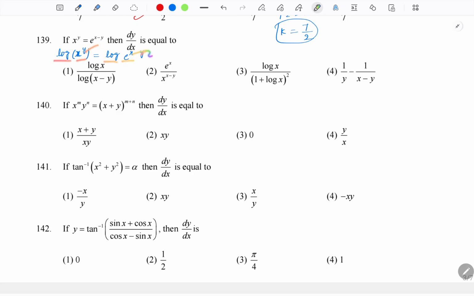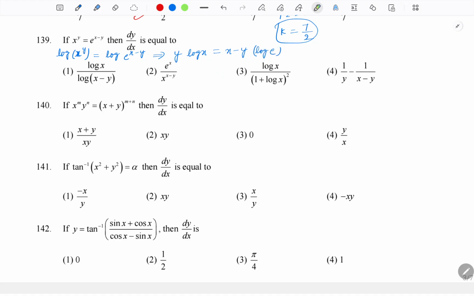What is log a power b? Log a power b equal to b log a, right? Apply that one, then write down. That implies y log x equal to x minus y times log e. We know, right? Log e value is how much? 1. So what is remaining here?